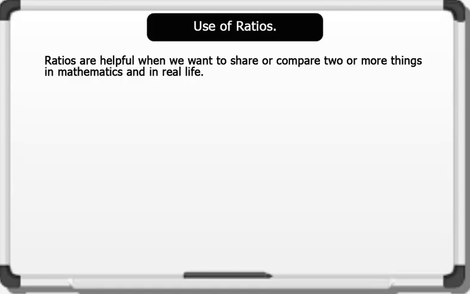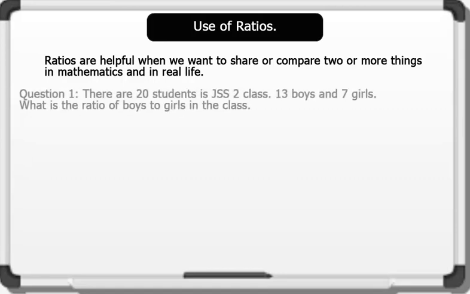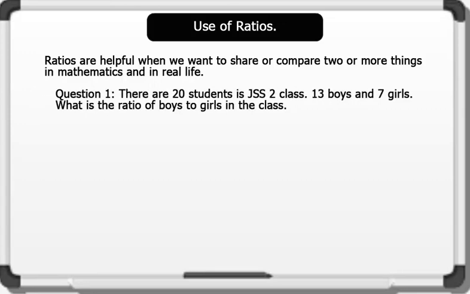Let's see an example. Question 1. There are 20 students in JSS 2 class: 13 boys and 7 girls. What is the ratio of boys to girls in the class? Solution. Total number of students in the class is 20.